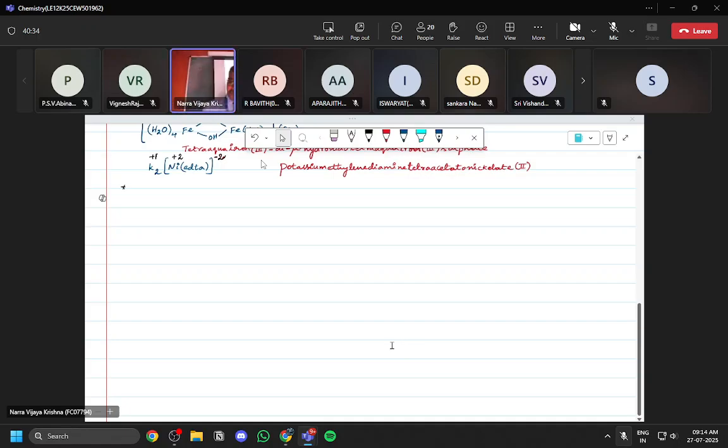So complexes with a series of pi electron donors.